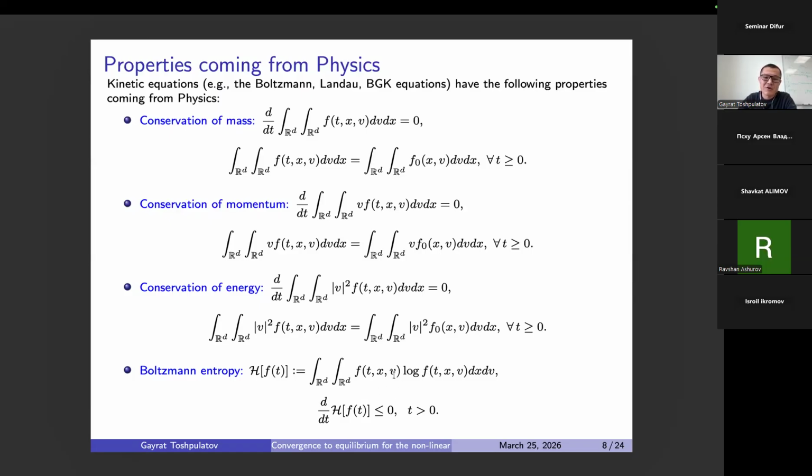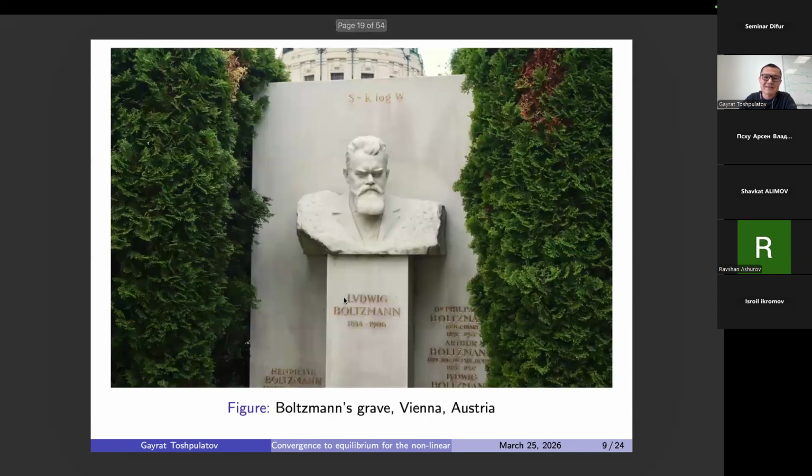This log is very important in physics, in statistical physics. A fun fact is that when you visit Vienna, you can see this formula with a log on Boltzmann's grave. It is written in almost the same way, but in physics language.